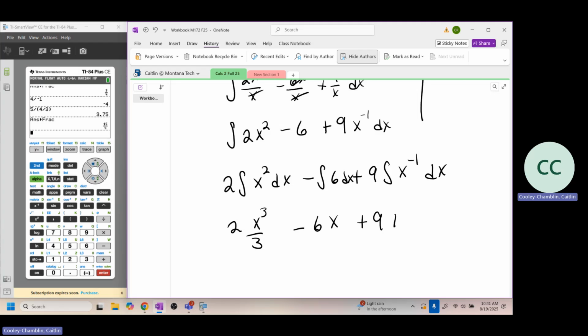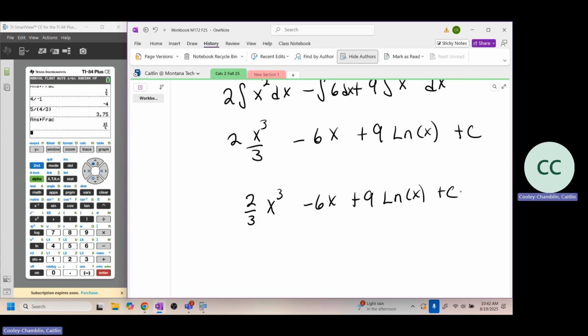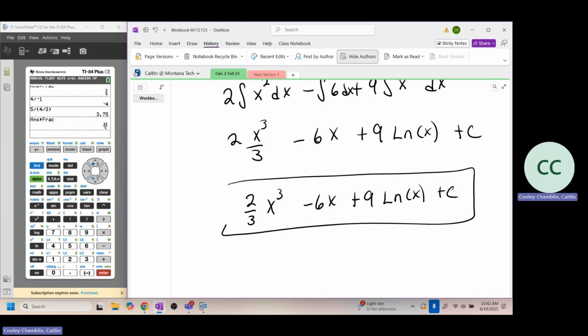So this is ln of x plus c. Okay, that is our answer. I'm just going to rewrite it to make it a little nicer. So 2/3 x cubed minus 6x plus 9 ln of x plus c. Final answer.